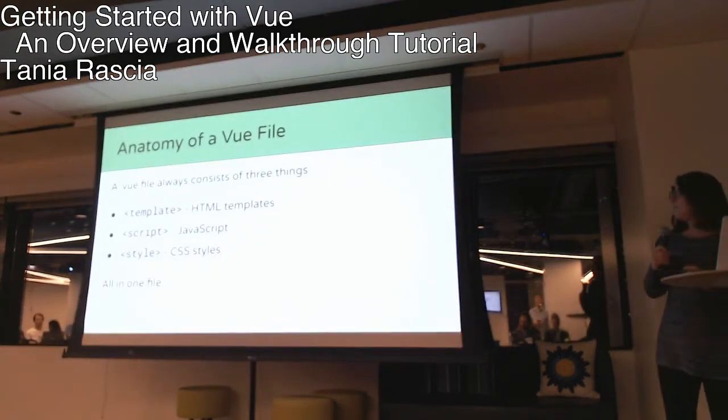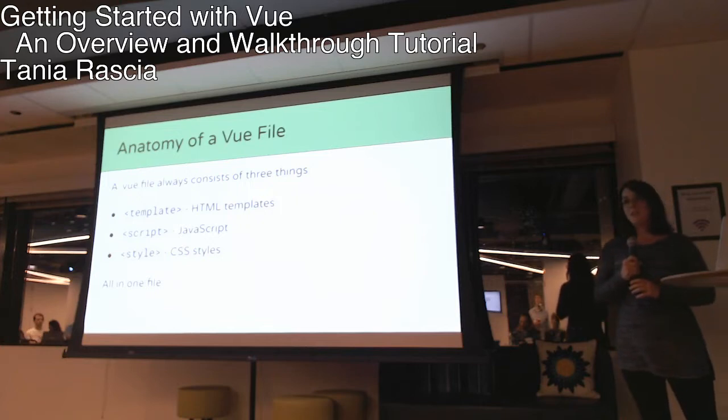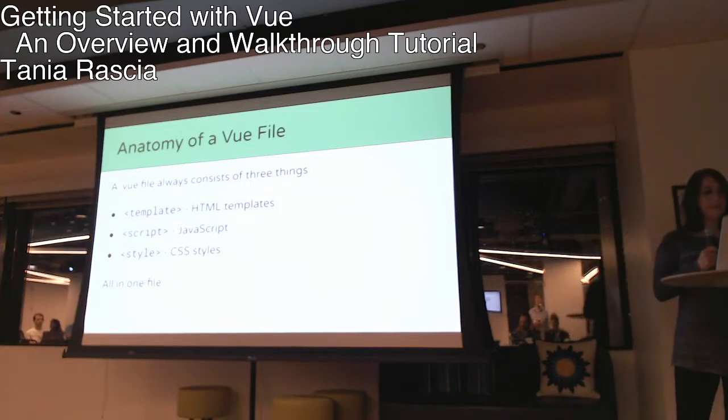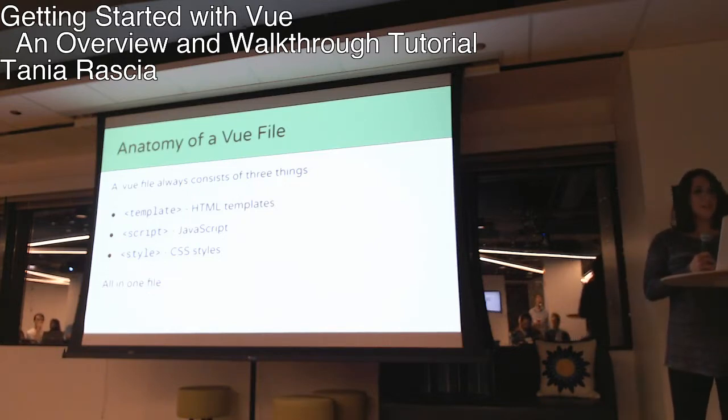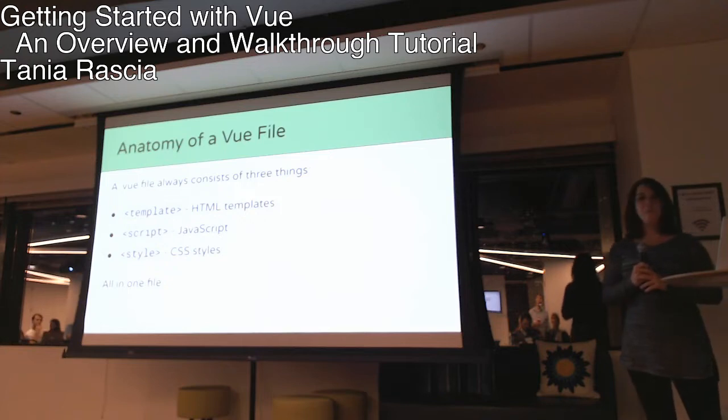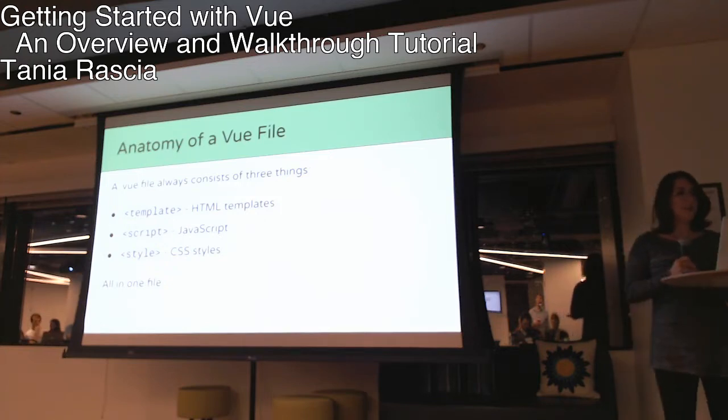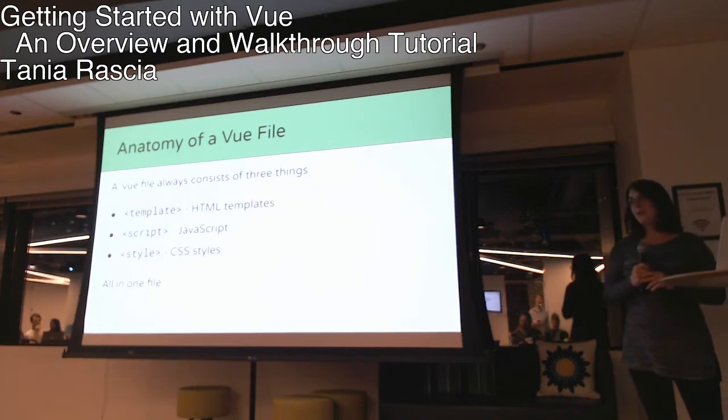The anatomy of a Vue file always consists of three things: a template, a script, and a style. And it's all in one file. And this is kind of interesting because back in the days of 2006 jQuery-esque web development, there was a big thing about separation of concerns.